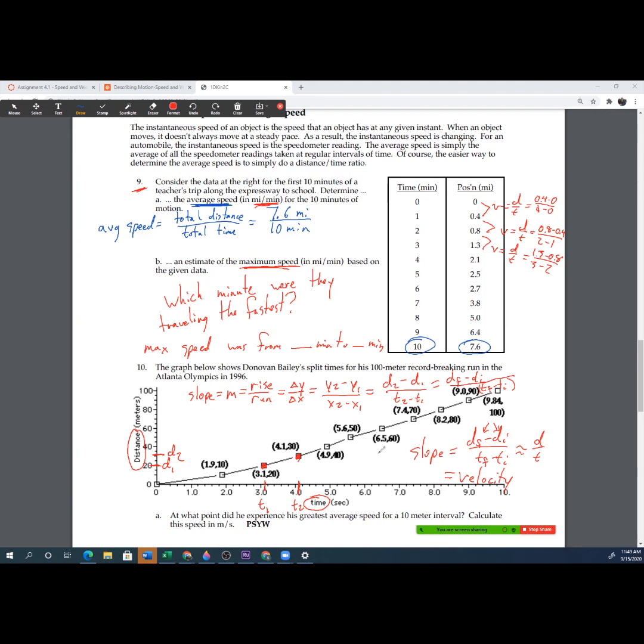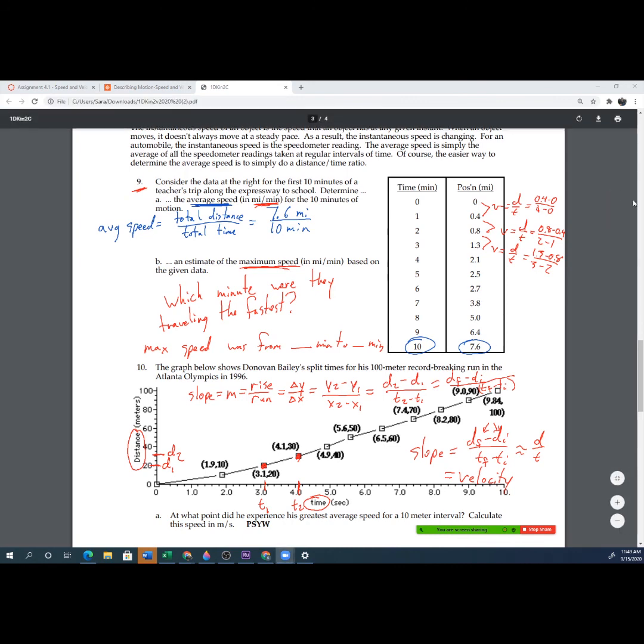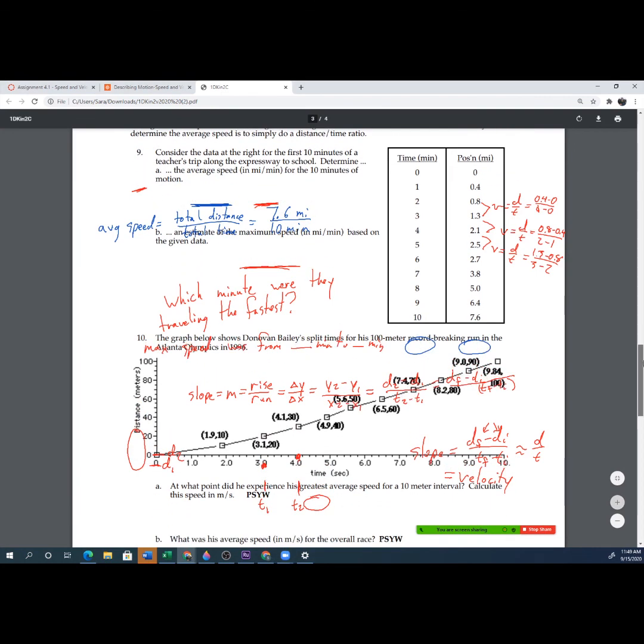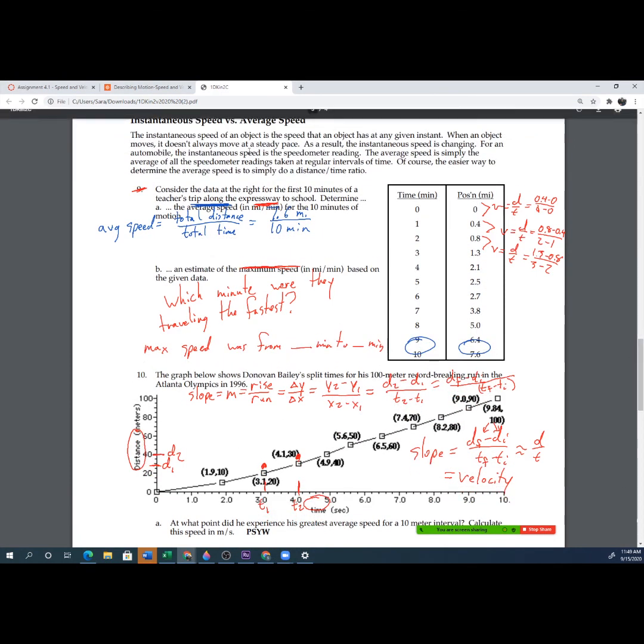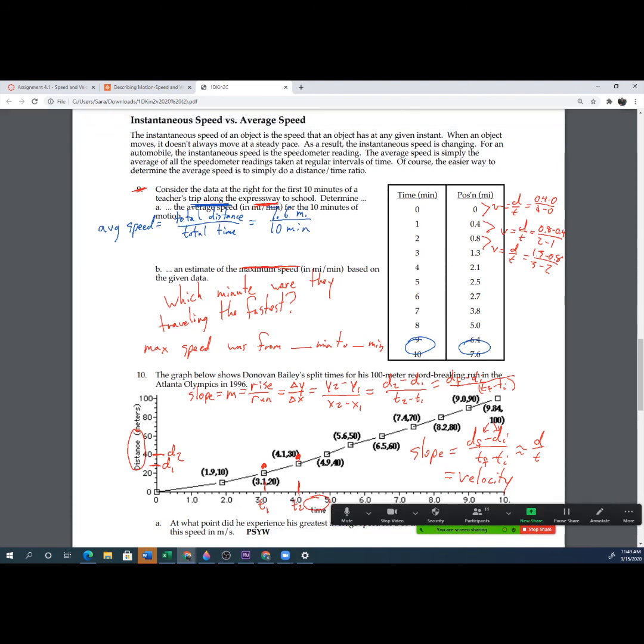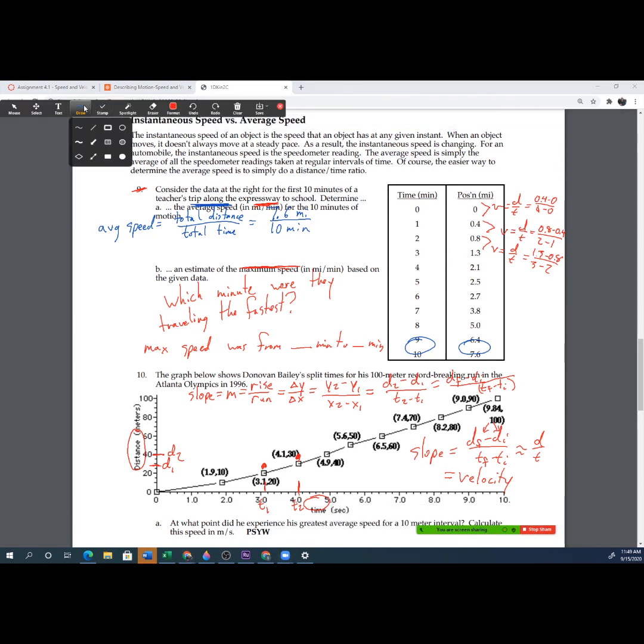It turns out, let's see, maybe I can write off to the side. It turns out for a distance time graph, your slope is equal to your velocity.